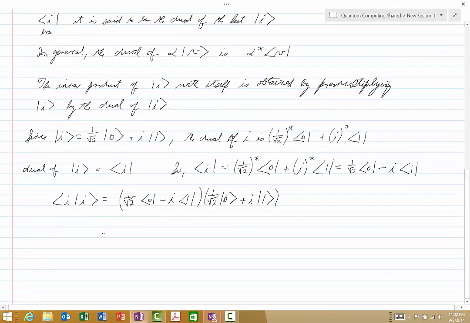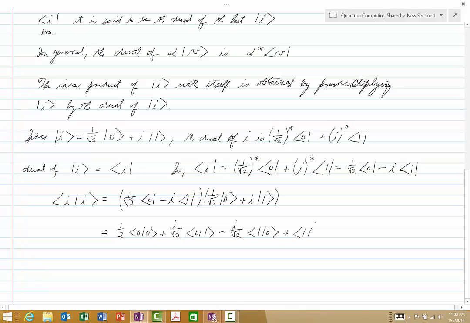And when we now multiply everything out, we will get 1/2, 0, 0, plus I over square root of 2, 0, 1, minus I over square root of 2, 1, 0, and minus I times plus I is minus of a minus 1, so plus 1 times 1.